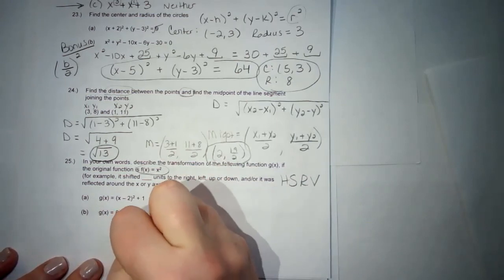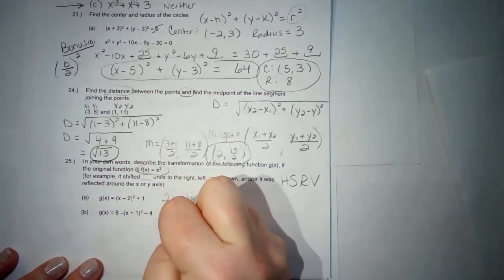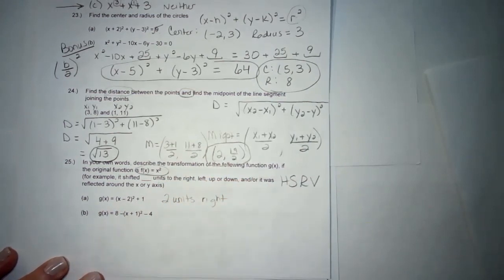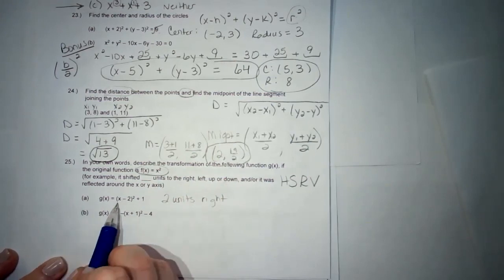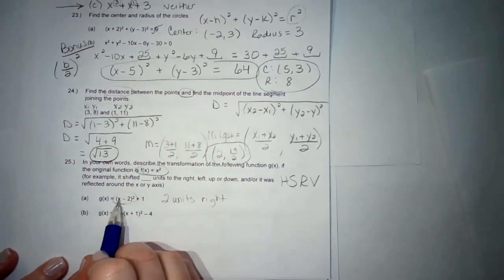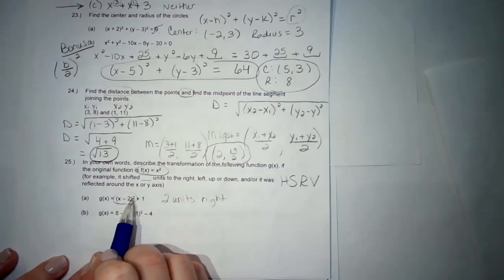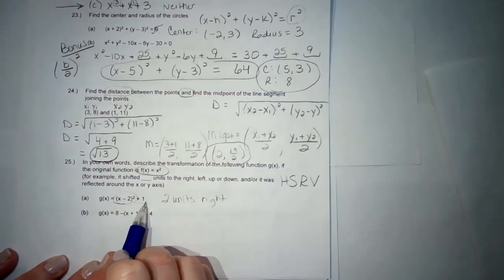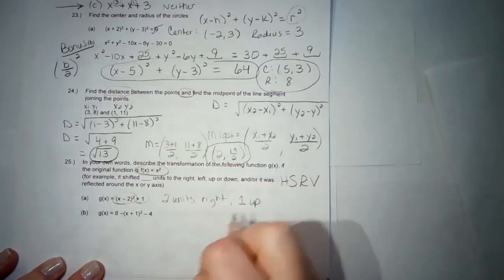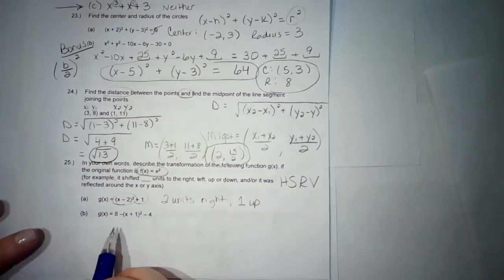Yeah, he's going 2 units where? To the right. Remember, it's the opposite. If it's minus, you're going to the right. Okay. All right. I have no stretching or shrinking. I have no reflections, but I'm +1. So what is that? 1 up. Yeah, or up 1.